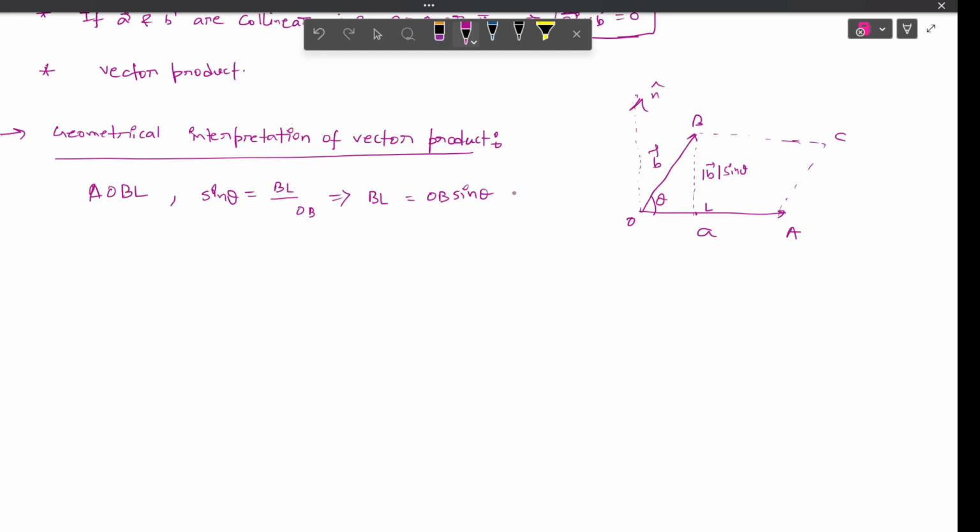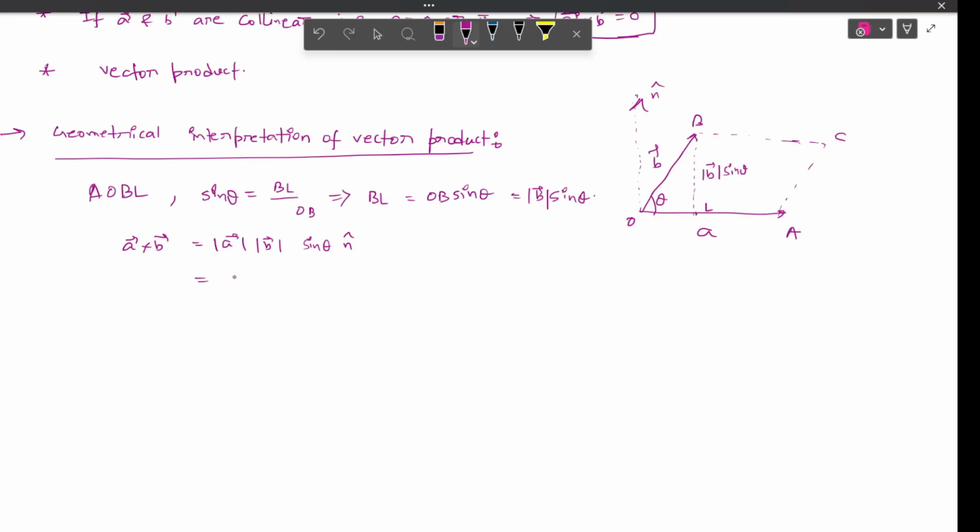So we can say BL is OB sin theta. Now OB is the magnitude, so it is the magnitude of B into sin theta. Now we know that A cross B is mod A mod B sin theta into n cap.